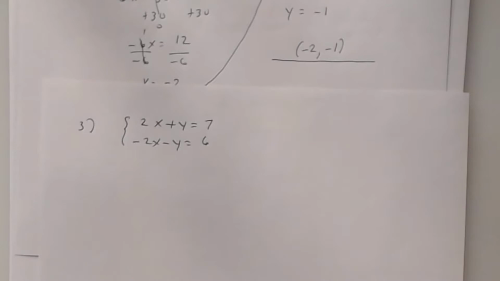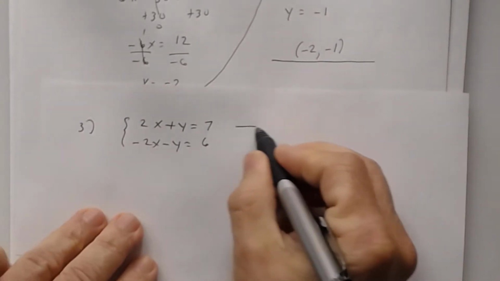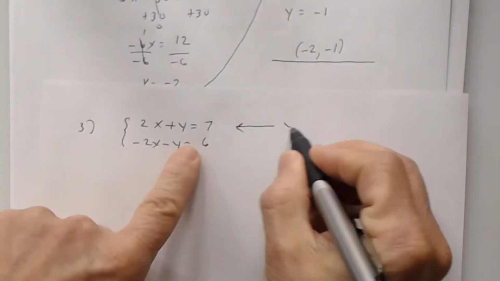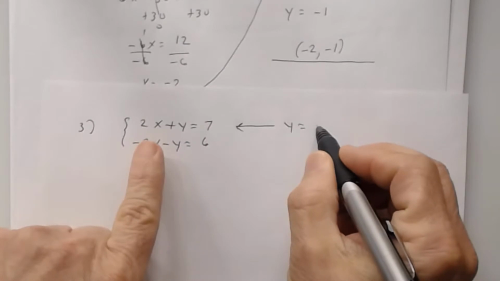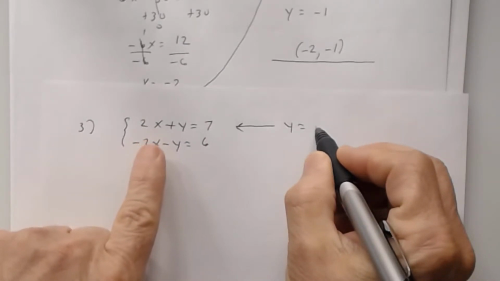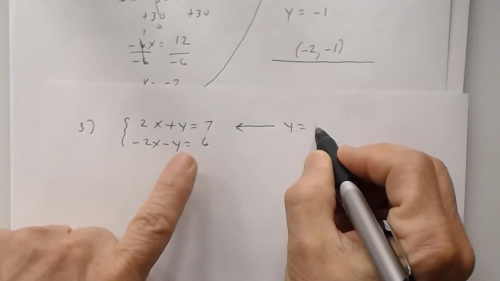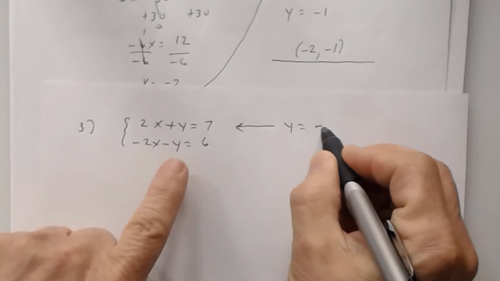Which equation might be the easiest to deal with? The first one. And you would solve for what variable? Y. So in the first equation, I'm going to get y equals what? Be careful. Y equals negative 2x plus 7, or 7 minus 2x, does not matter.